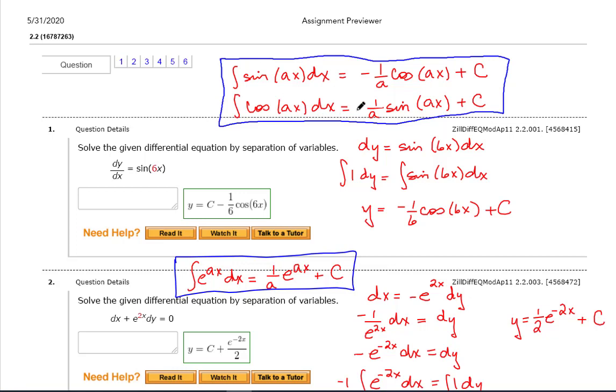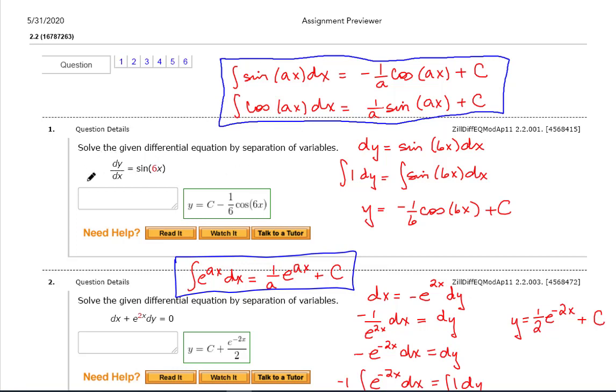Cosine ax goes to 1 over a sine ax. And the integral of e to the ax, I again pick up a 1 over a e to the ax. And again, all of these are done by using substitution, letting u equal ax.